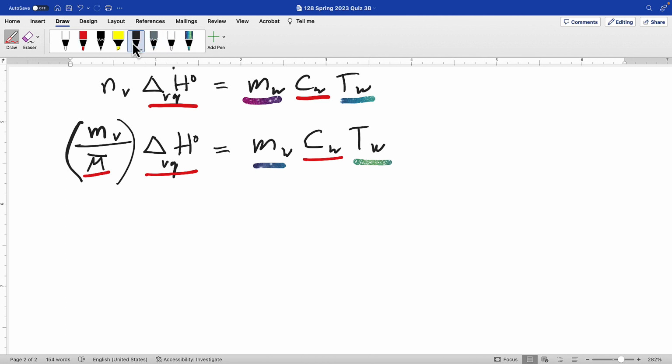Now we've got to get rid of the heat of vaporization. Our goal is to isolate the thing we're going to solve for. So we're going to divide by delta H of vaporization.